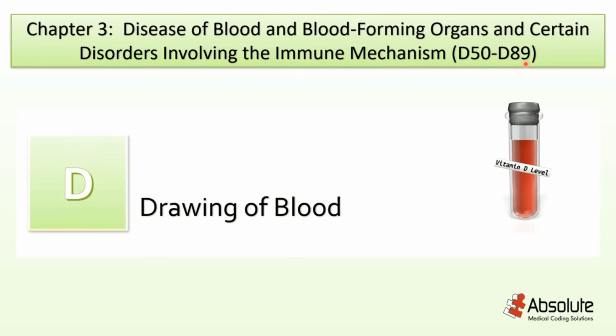So when we think of diseases of the blood and blood-forming organs, think of the letter D. And D is for drawing of blood to determine vitamin D levels. When you think of D, think of blood. All right, so anytime you have a blood disease or illness, it should be in the D category.